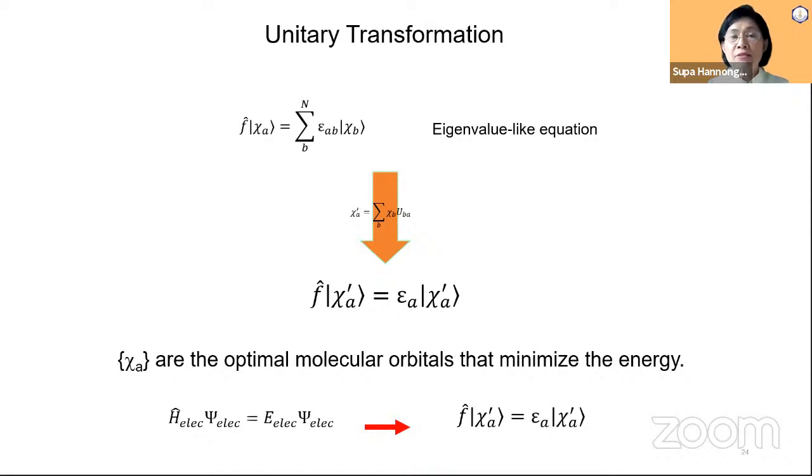The ground state, for example, you need the system that has the lowest energy, right? So in solving the Schrödinger equation, the wave function should represent the molecular orbitals that produce the minimal energy.